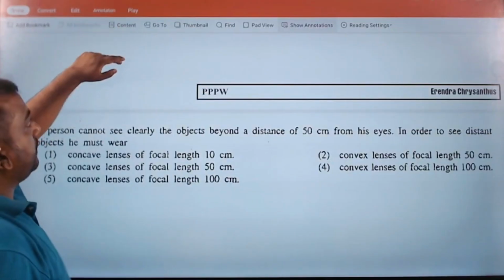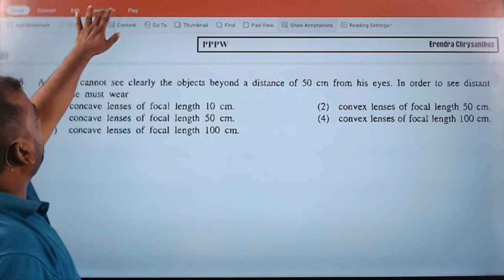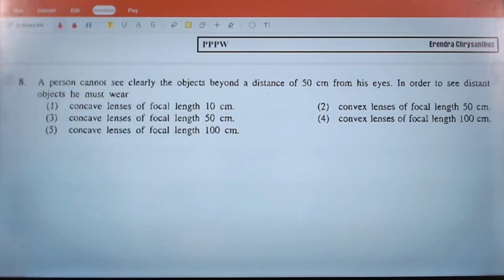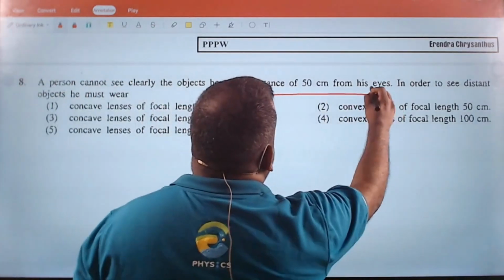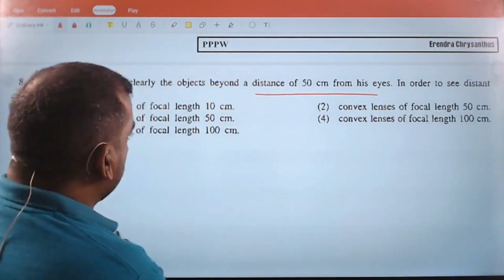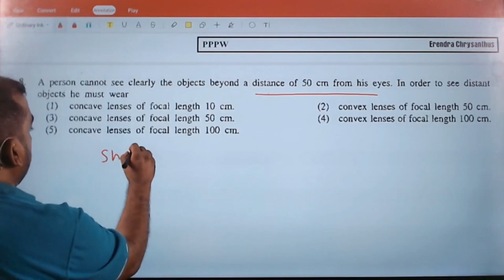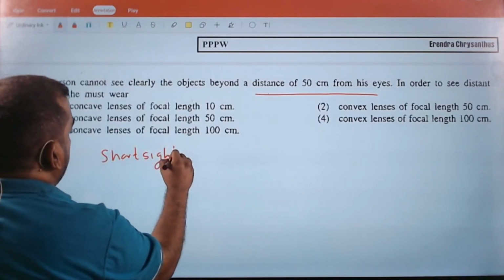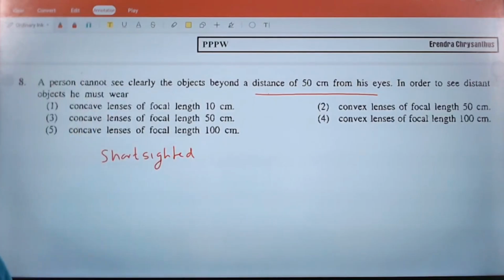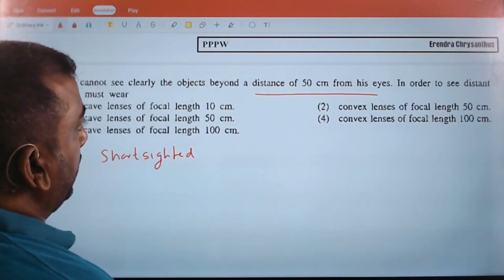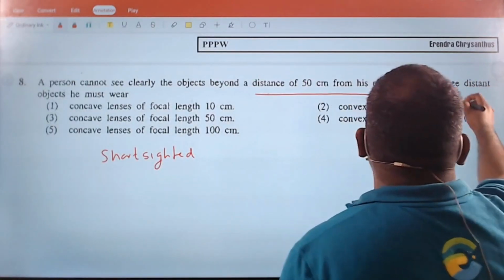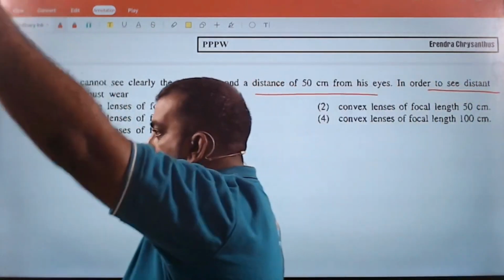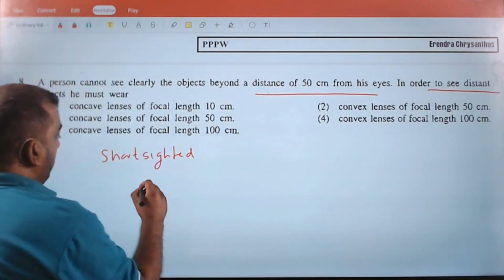Moving on. A person cannot clearly see objects beyond 50 centimeters from his eye. So he is short-sighted. In order to see distant objects, that means infinity, what should he wear?